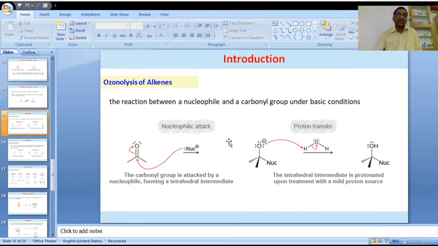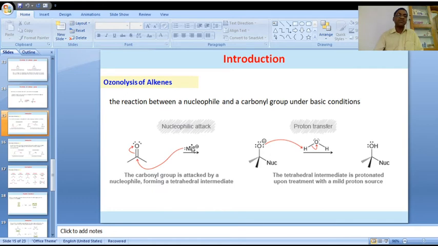First, we will discuss the first step. This is the carbonyl functional group. The carbonyl functional group is attacked by a nucleophile, forming a tetrahedral intermediate.